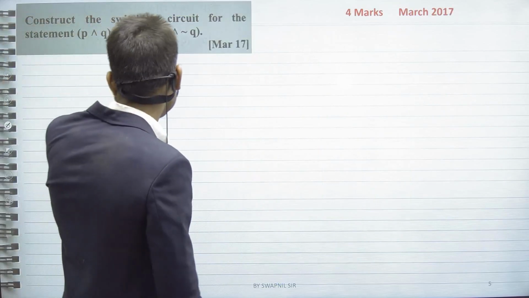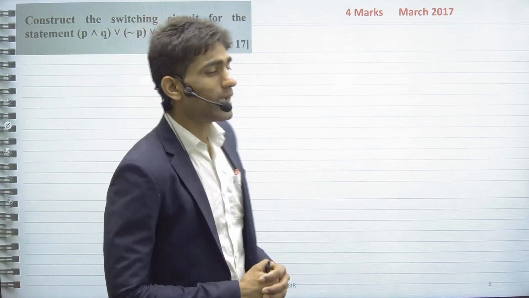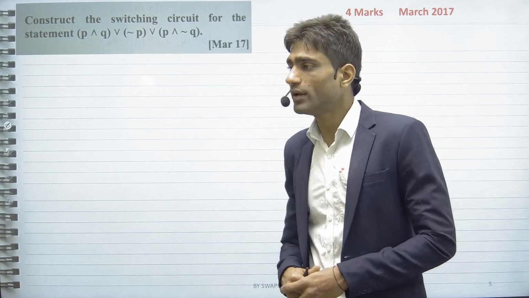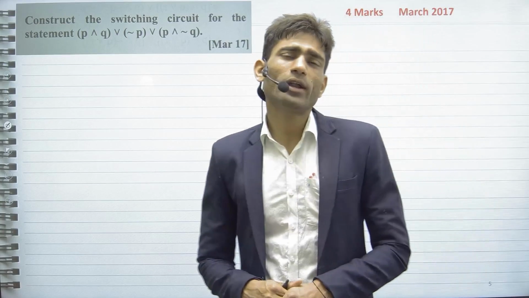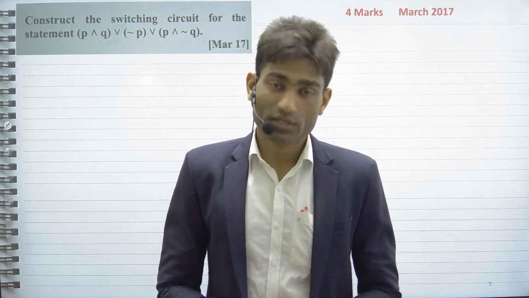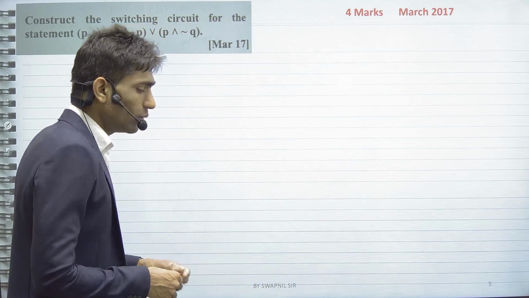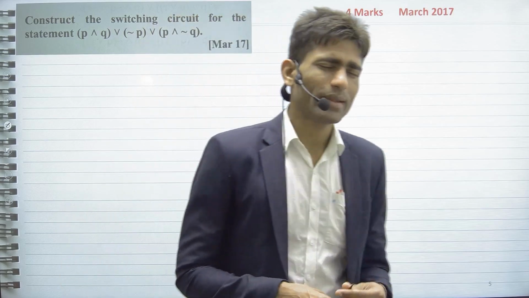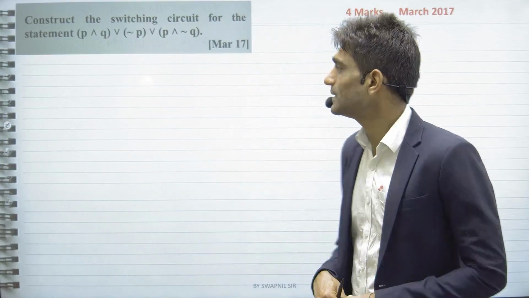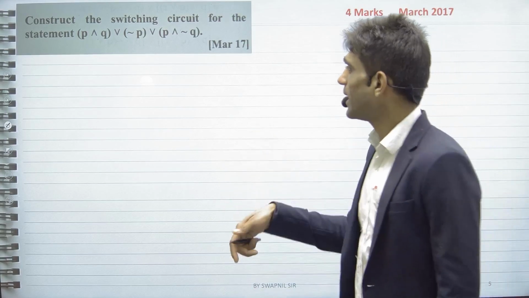So now the next question: construct the switching circuit for the statement. We have a given statement. In our previous part, we converted our logical circuit into the symbolic form. Now in this situation we have to go for the inverse part, the converse part of a statement, which says go from the domain to the reverse image.